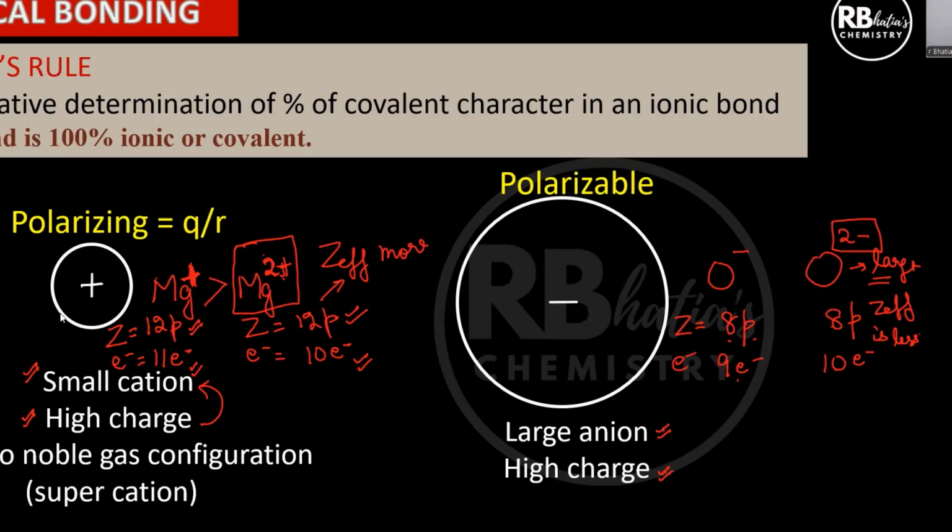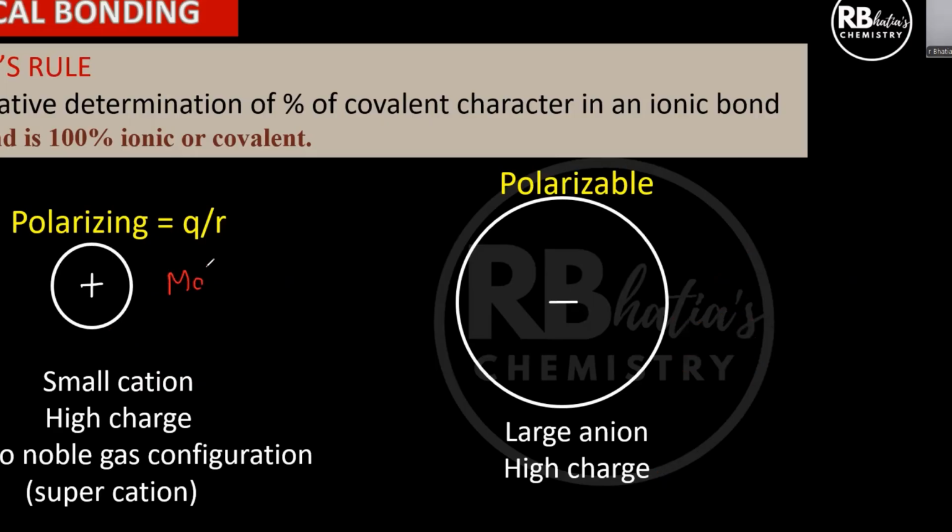Right? So in brief, if I tell you Mg+ and Mg2+, we understand Mg2+ is smaller in size. And if I compare O- and O2-, I understand that O2- is larger in size. So we need a large anion and a small cation. A small cation will more strongly pull the electron cloud of a negative neighboring anion.